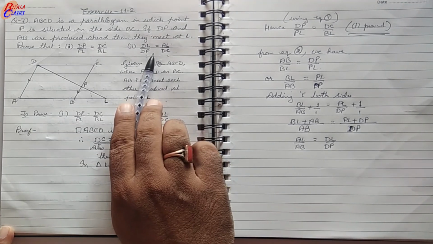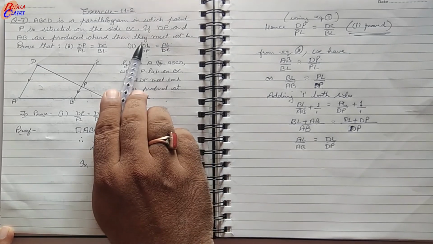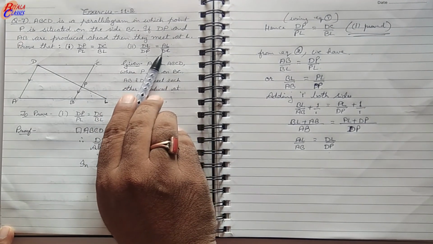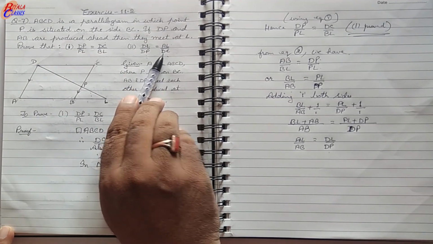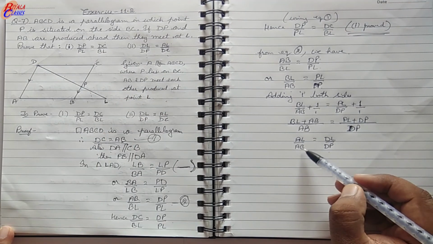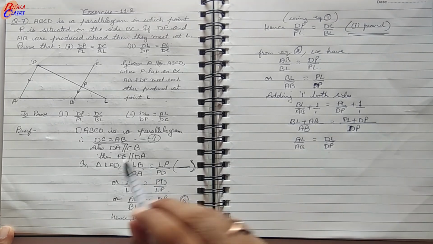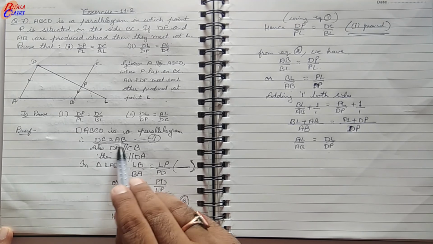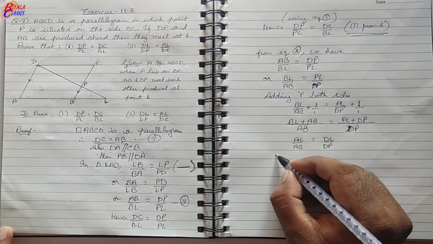But if you compare with the result which we need to prove, it says DL upon DP, which you already have, but you also need AL upon DC, whereas here you are having AL upon AB. So again you need to use the result, equation 1, which says DC is equal to AB.